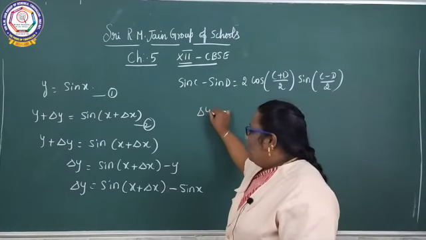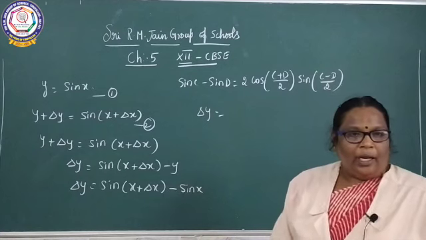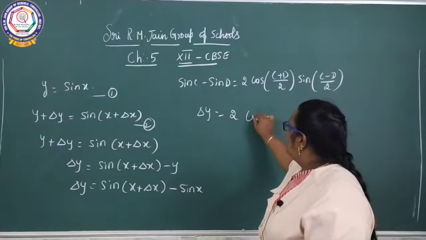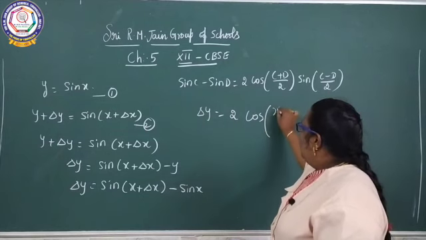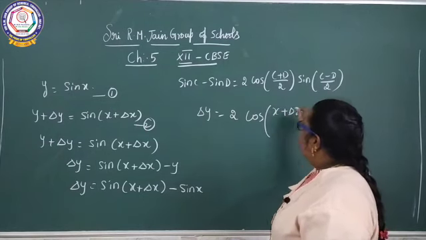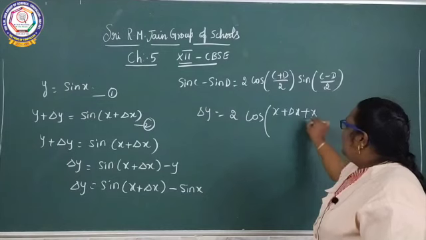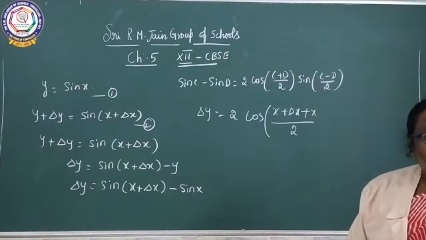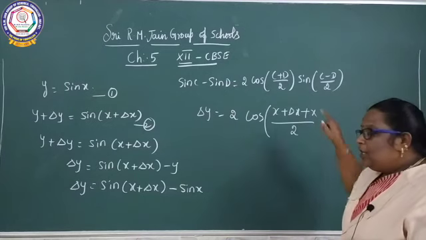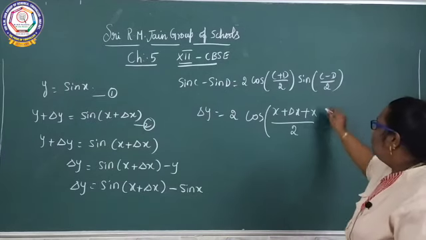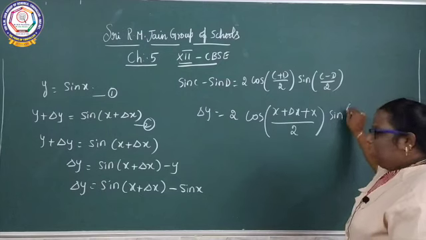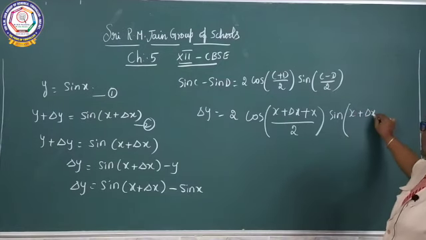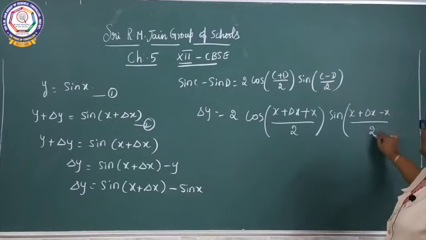So delta y equal to 2 cos of (x plus delta x plus x) by 2 into sin of (x plus delta x minus x) by 2.